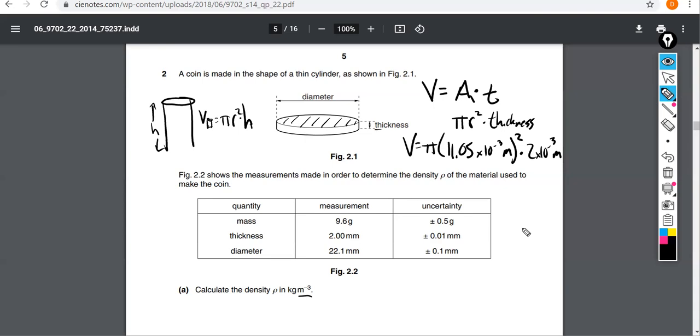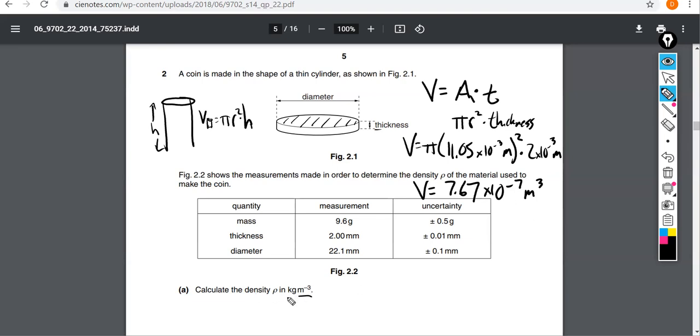I'm going to hit my engineering button. So I calculate the volume of that coin as 7.67 times 10 to the negative 7 cubic meters.